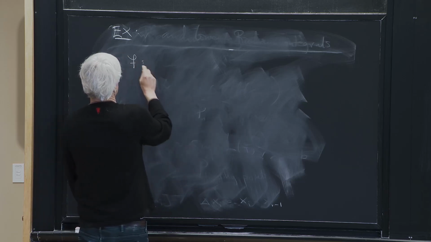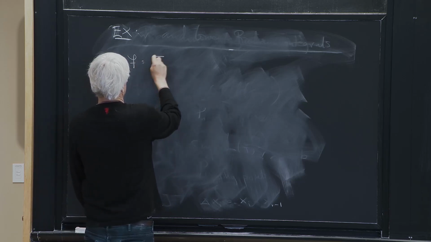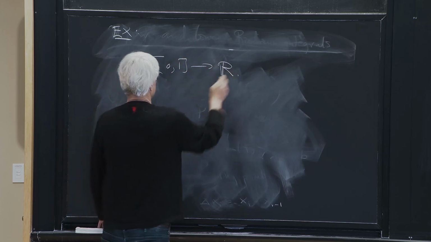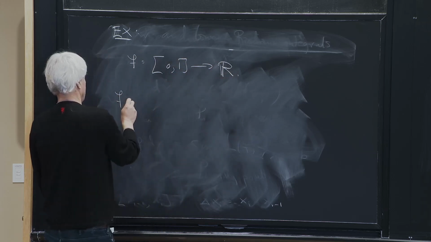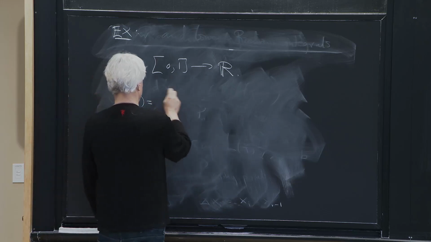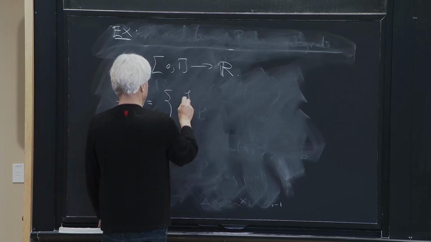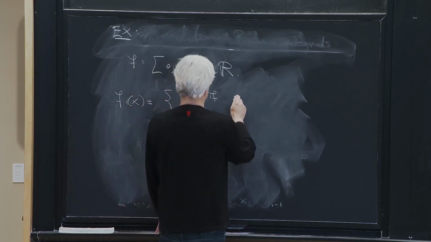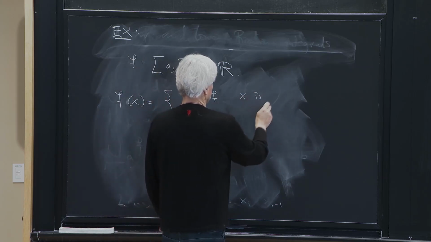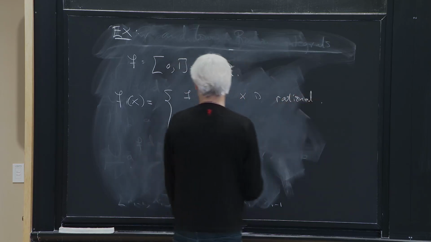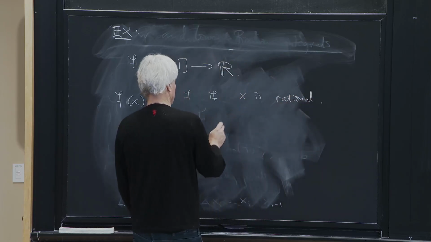It's a function defined on the interval from 0 to 1, say. It's bounded. And so the function is f of x equal to 1 if x here is rational, and it's 0 otherwise.